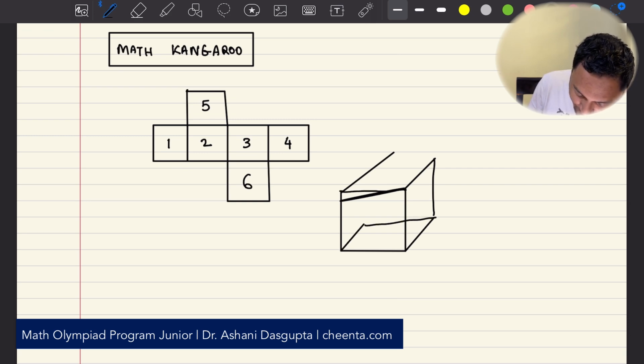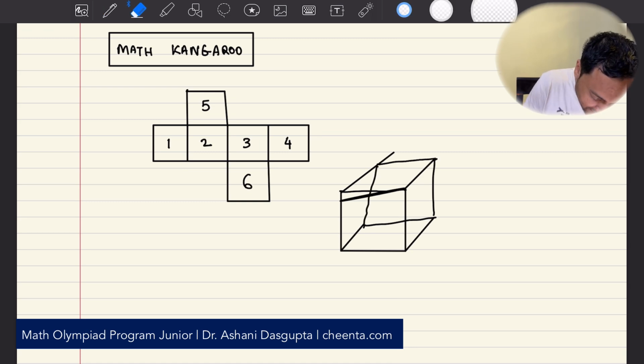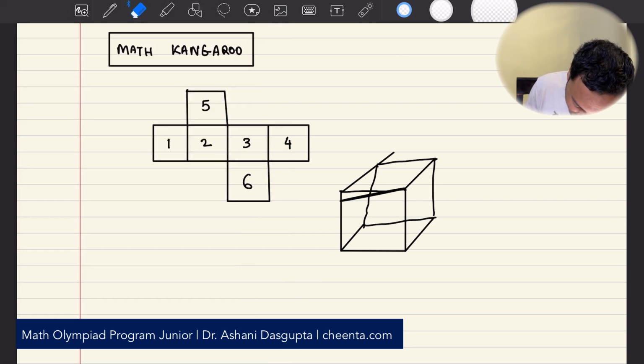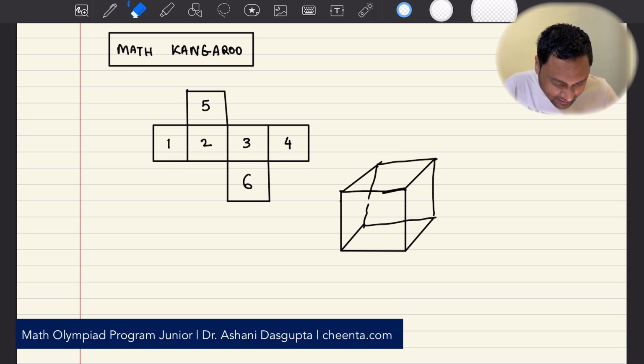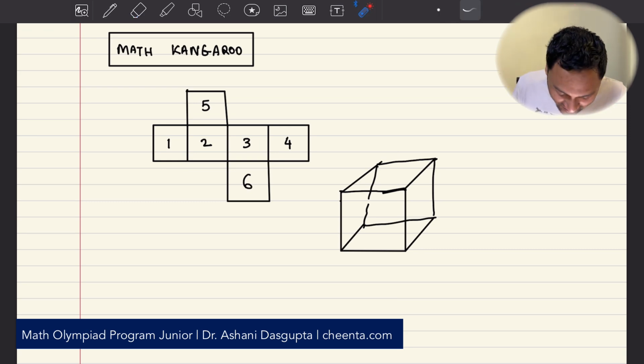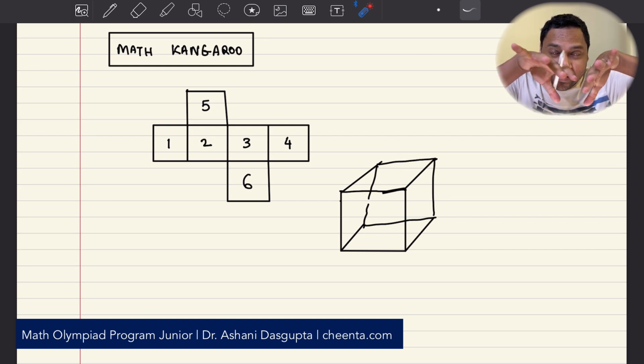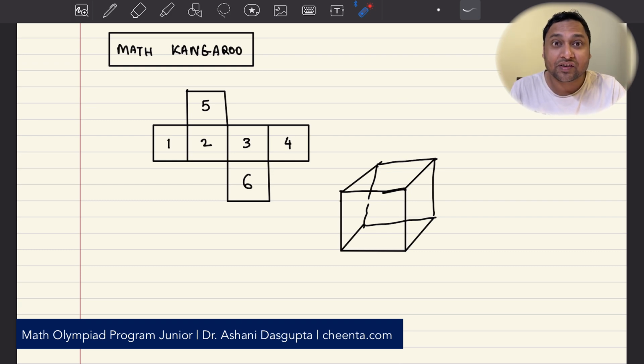Okay. So this is a sort of a cube. So what you do is you unglue some of the edges and you open it up and make it flat. So it's like a flat piece of paper which you can fold back up into a cube.